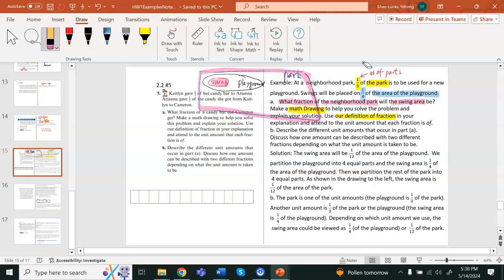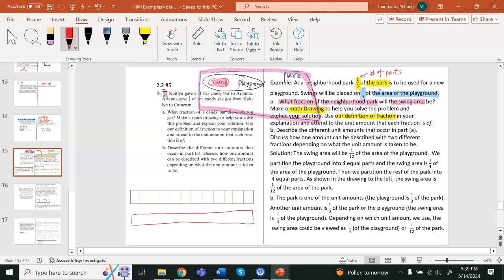We're going to start with the first fraction, 1/3 of the park. I already have the cuts in here, but when you start, you will draw a long paper strip. We call it a strip diagram. You draw a long strip, and then we cut this into thirds.